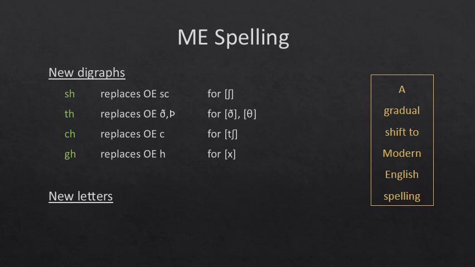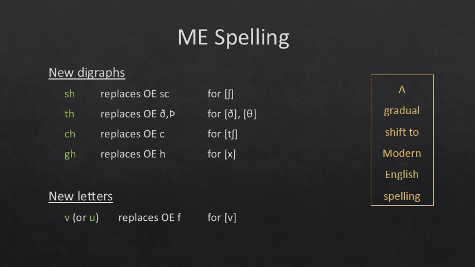We also have some new letters. Don't worry, these are familiar too. We're getting the letter V or the letter U. That's the same letter. Originally, that was just two different ways of forming the same letter. It had two values, but it was originally the same. So a double U, if you look at how it's written, it's really written as a double V. That's because U and V used to be the same letter.